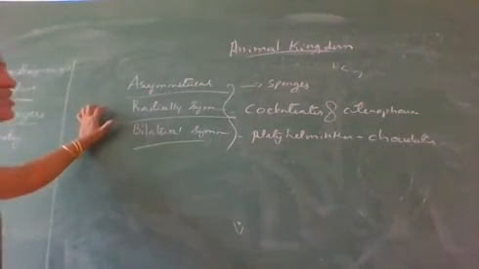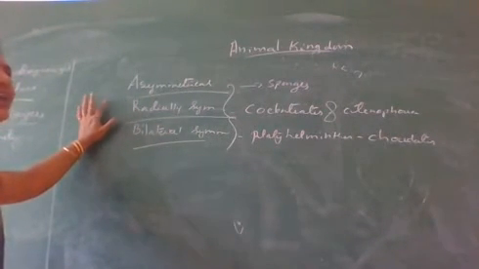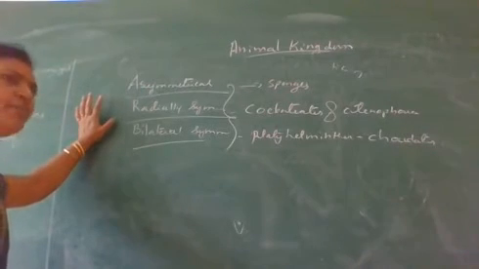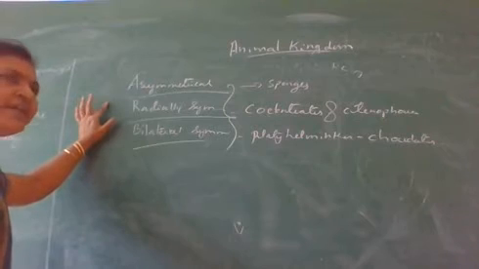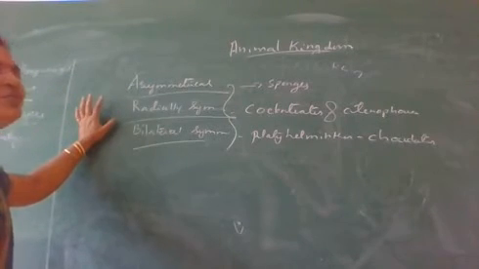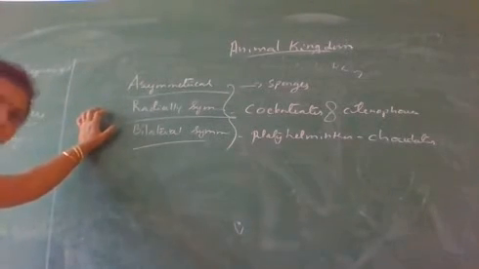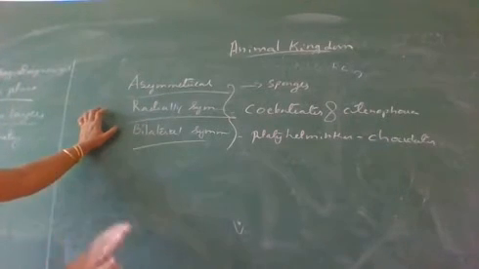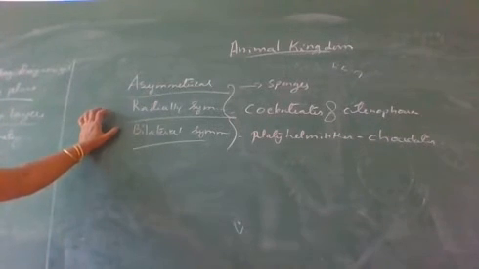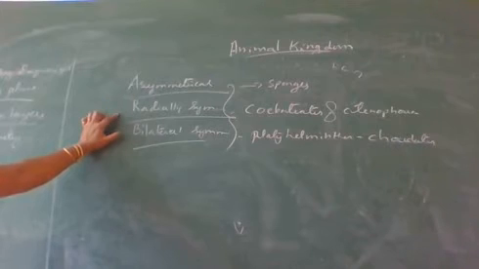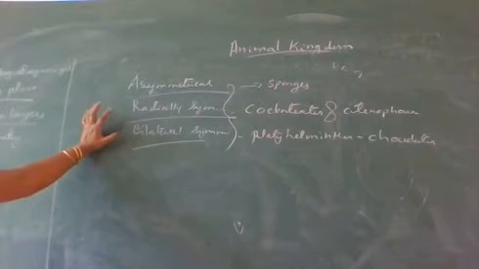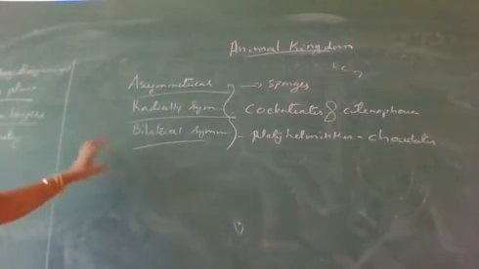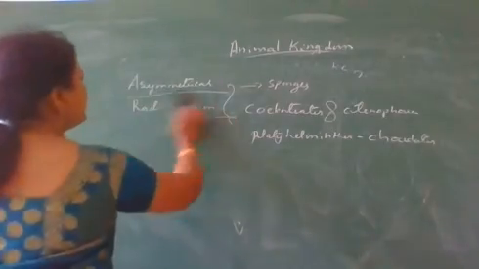Asymmetrical animals are those where, when we cut the animal through any body plane, it does not give two equal halves. When the plane of division passes through any axis of the body and gives two equal halves, that is radial. If it gives two equal halves, right and left, only when it passes through the central axis of the body, it is bilateral symmetry.